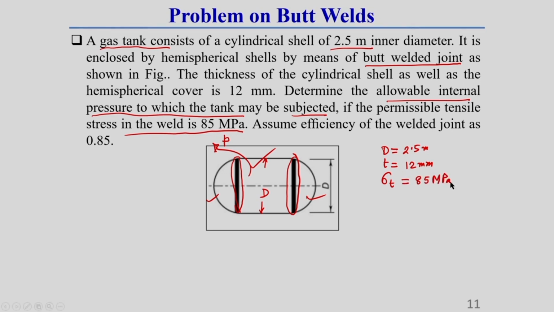Assume the efficiency of the weld joint, eta, equal to 0.85. So, what do we have to do? We have to find out what should be the internal pressure, a small p, of this gas so that it should not fail.